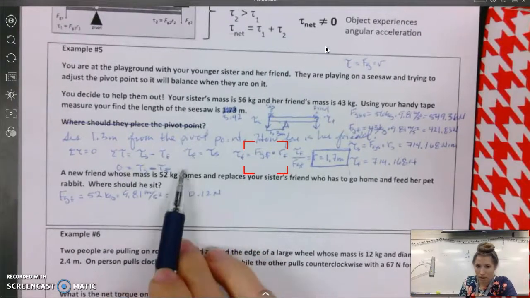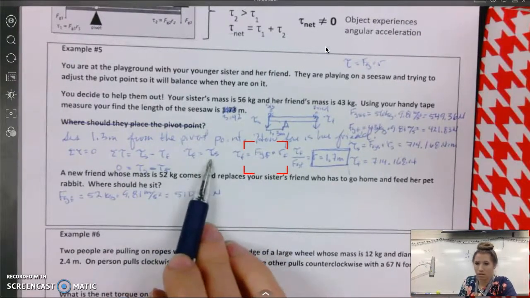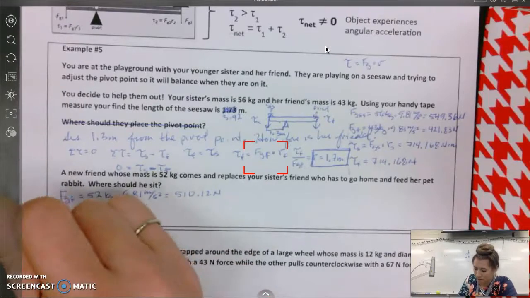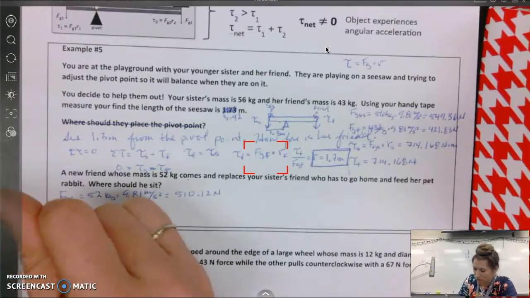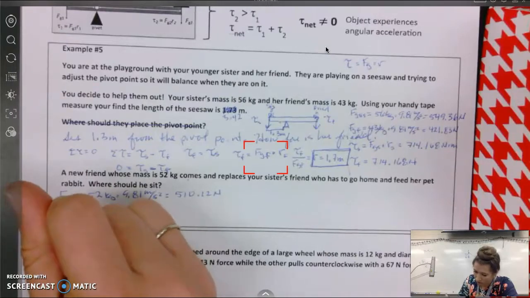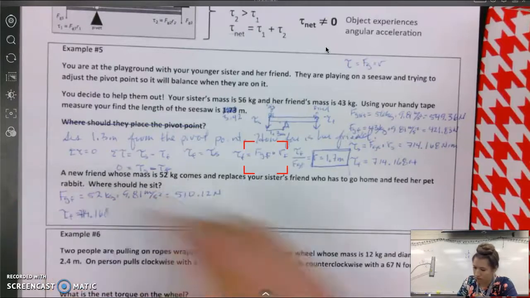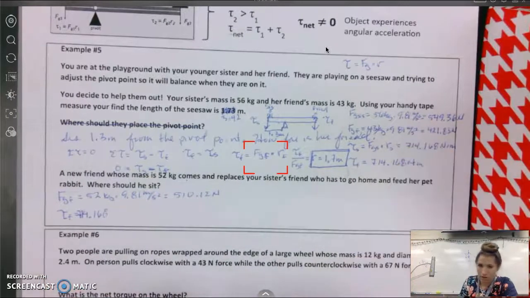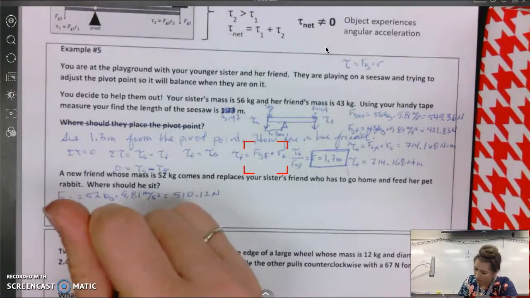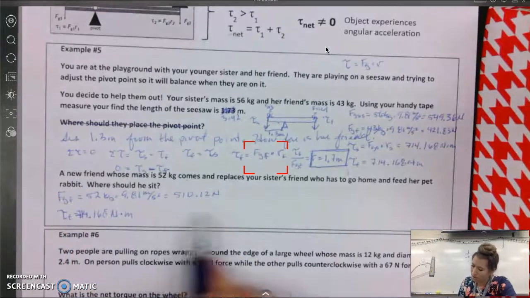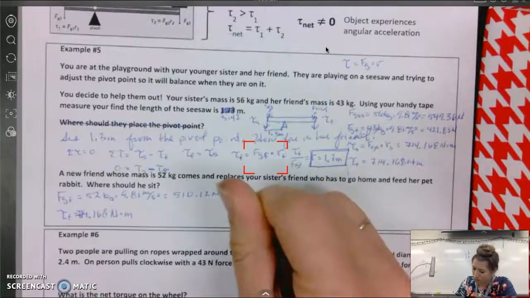It's still balanced. So the torque of the sister is still going to equal the torque of the friend. So the torque of the friend is still 714.168. Oh, this should say newton meters. And then we just follow through with this last component.